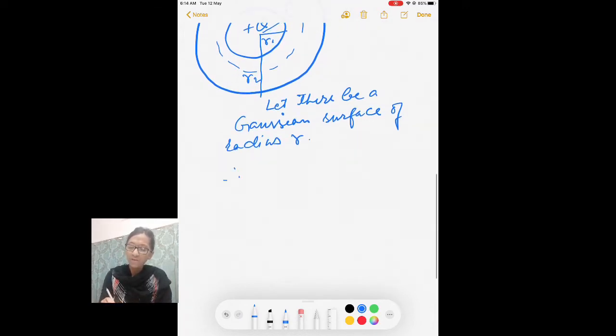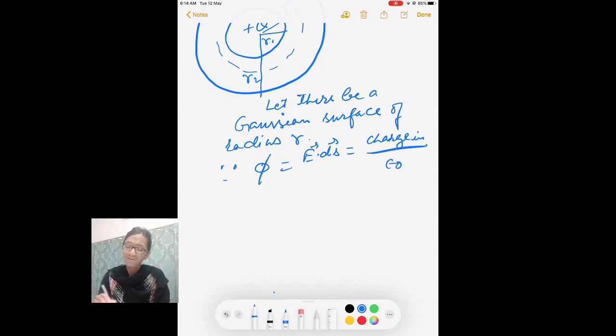Therefore, from Gauss's law, flux phi is equal to the integral of E dot ds, and this is equal to charge enclosed upon epsilon naught.